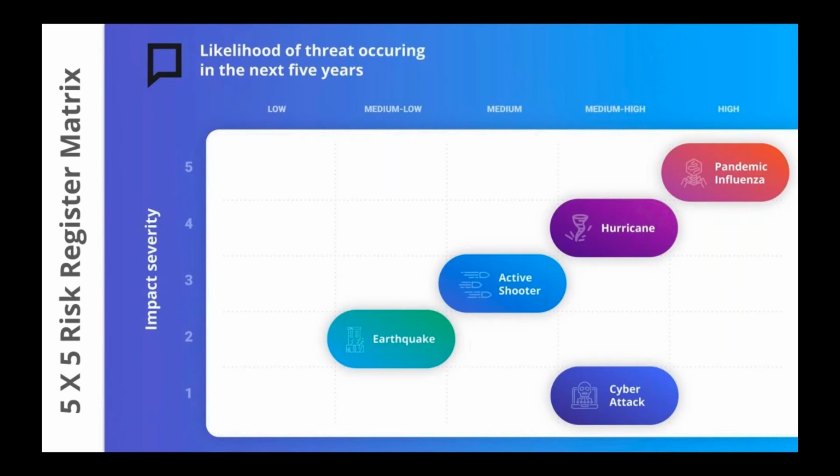So here are a few common risks to consider. They may vary by your geography and the size of your organization, but many of our clients start with developing alerting templates for active shooter events and workplace violence. Natural disasters like hurricanes, earthquakes, wildfires, and winter weather.